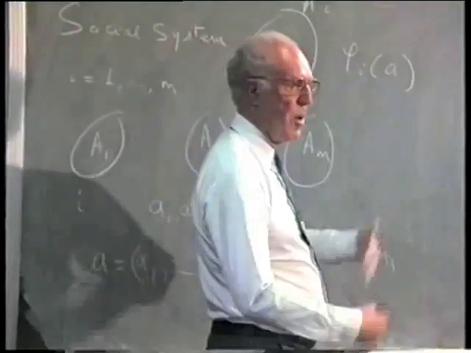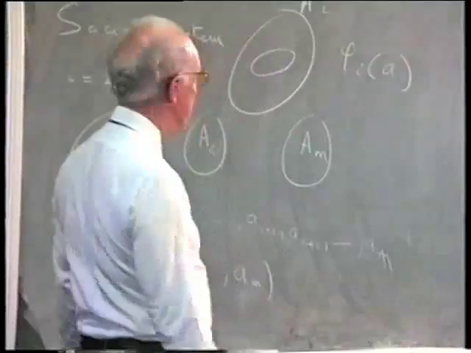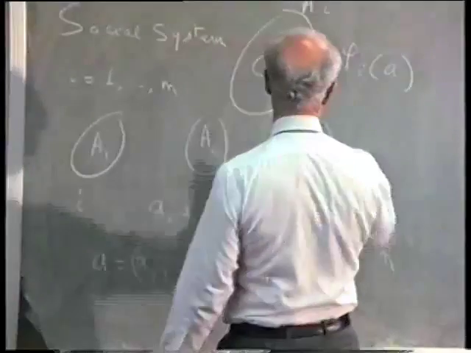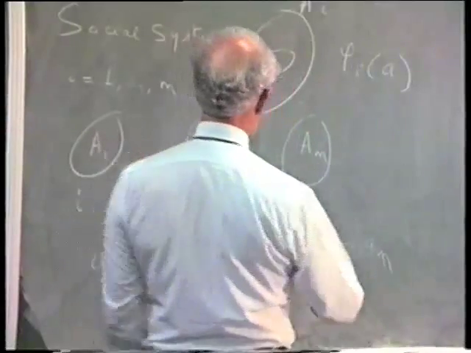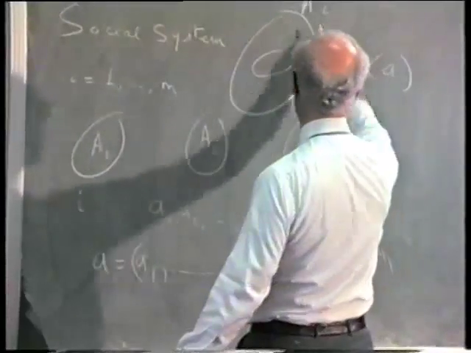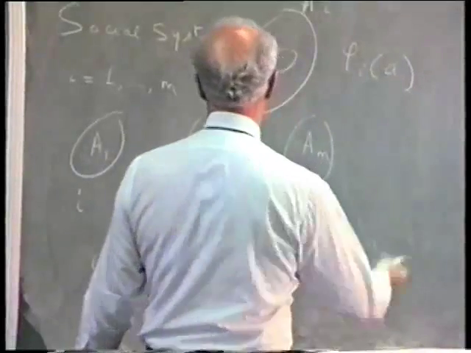So it's a function with a sort of dummy variable. But we have this. So for every i, we have this correspondence which defines a non-empty subset of A_i given the actions of the others.